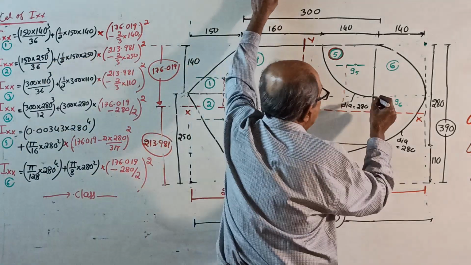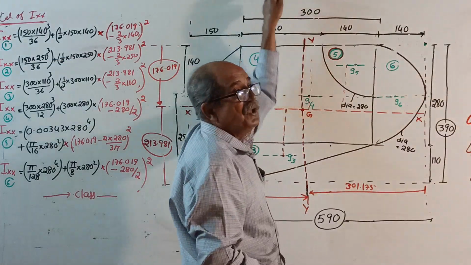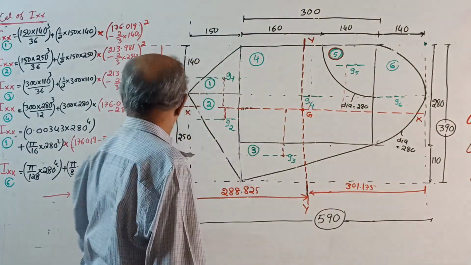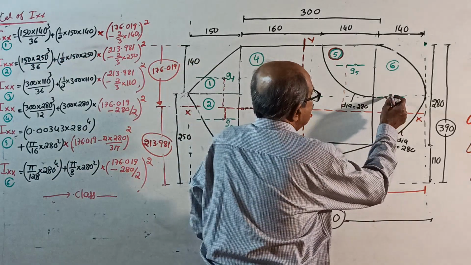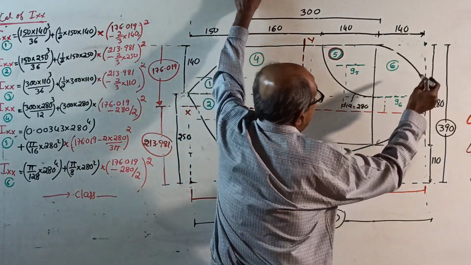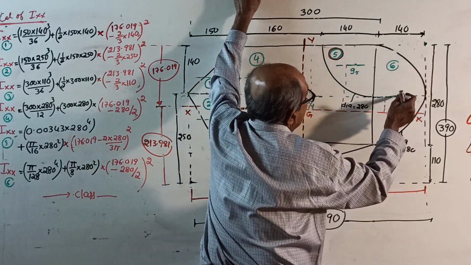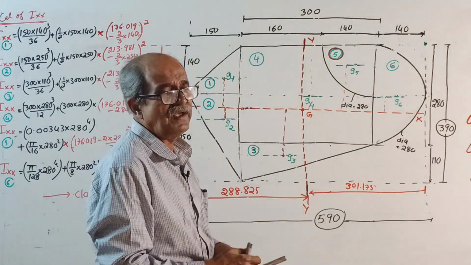Sixth one, I about its own centroidal axis. Oh, this is a symmetrical axis. Pi by 128 into diameter power 4 plus area into this distance square is 173.019 minus, this is exactly half of 280, whole square, will give I about xx.